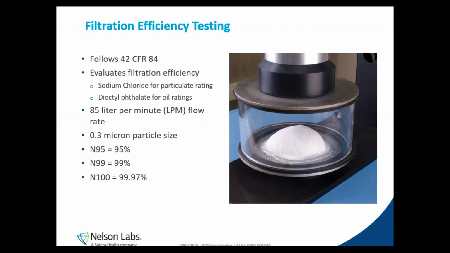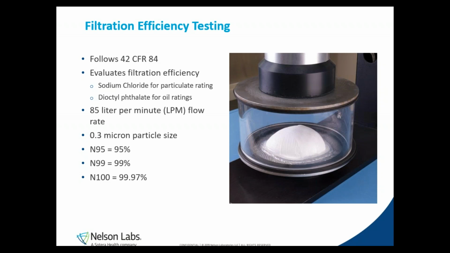Prior to testing, the samples are preconditioned for 24 to 26 hours in a high temperature, high humidity environment. After conditioning, the respirators are subjected to testing with this 0.3 micron particle size. The most penetrating particle size is often discussed in HEPA testing.